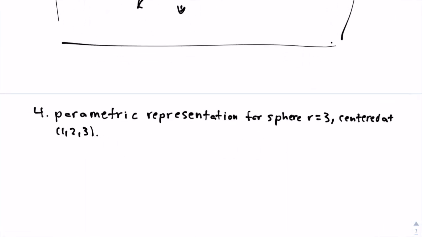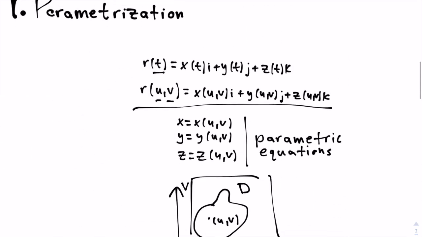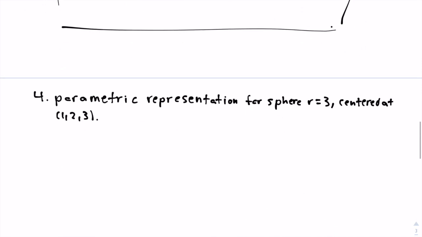And basically what we want to do is use what we learned here for parametrizing a surface to parametrize the sphere with the radius 3 centered at the point 1, 2, 3.